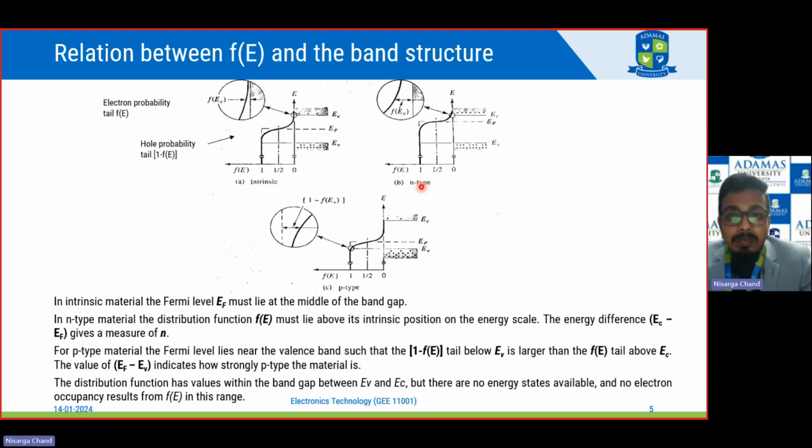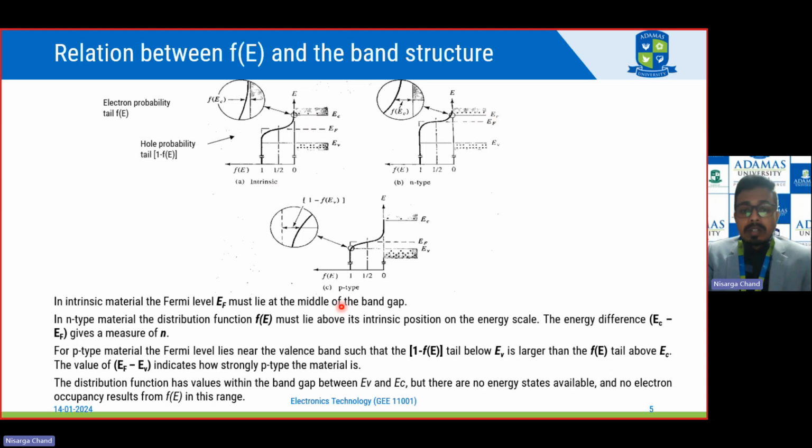But if it's n-type material, in the previous lecture we discussed the extrinsic semiconductor material, where phosphorus is doped with silicon. That means that is pentavalent, so one electron is extra in the valence shell. Now, if one electron is extra, definitely your Fermi energy level is very near to the conduction band for this n-type material.